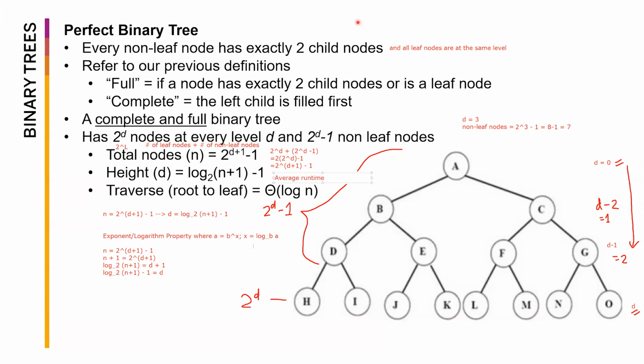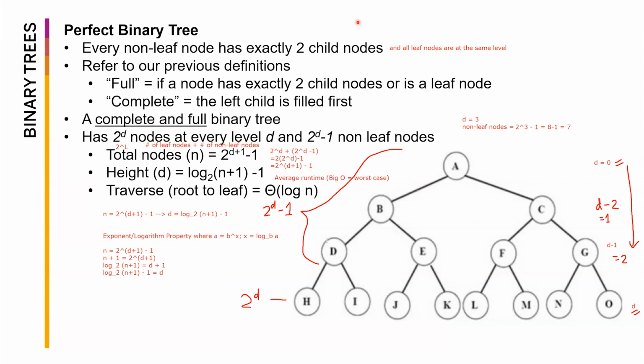If you remember our big O, it's the worst case. So theta is the average runtime, meaning it's in between the worst and the best case. So the average runtime would be log n. That's all. If we traverse from root to leaf, we always have to navigate a log n runtime, with n as the number of nodes.